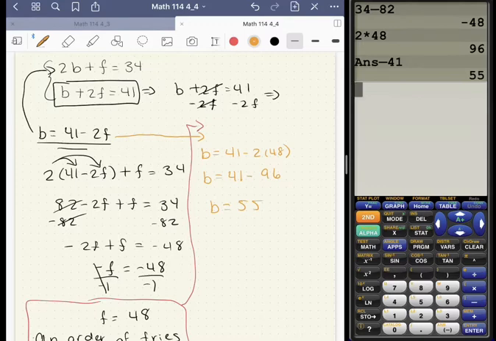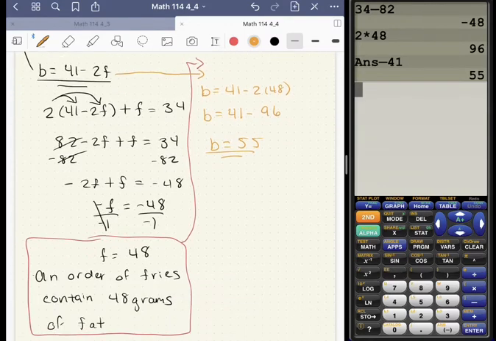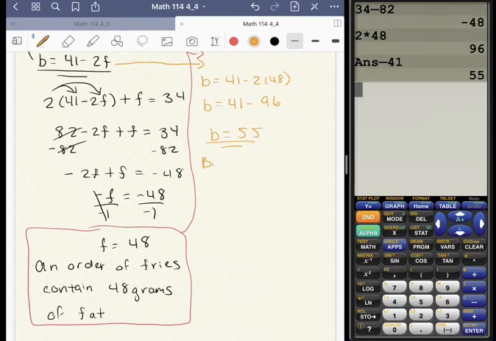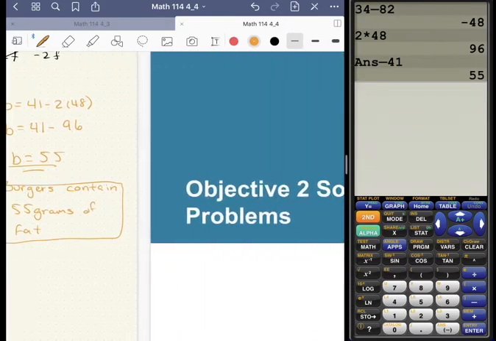That means that burgers contain 55. Therefore, burgers contain 55 grams of fat, which is horrible, both of them, no matter what.